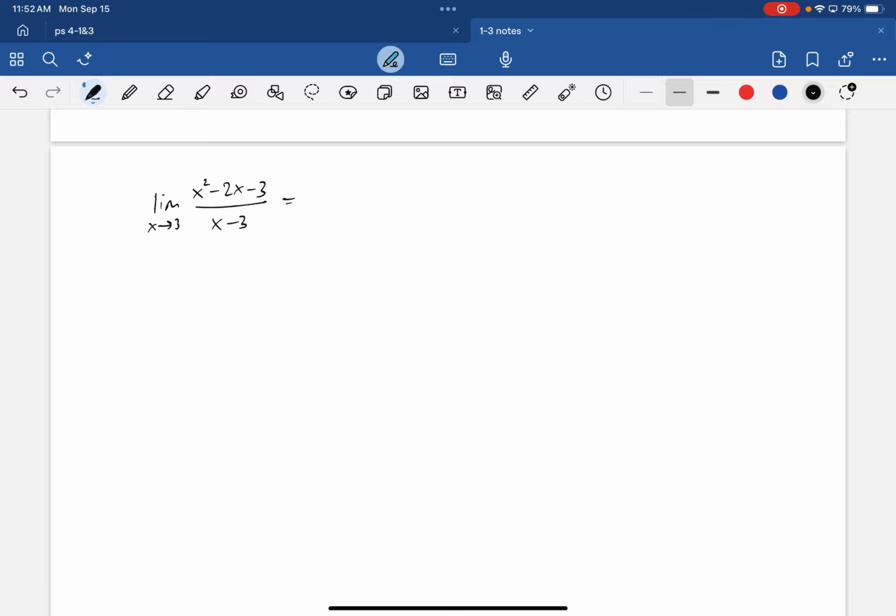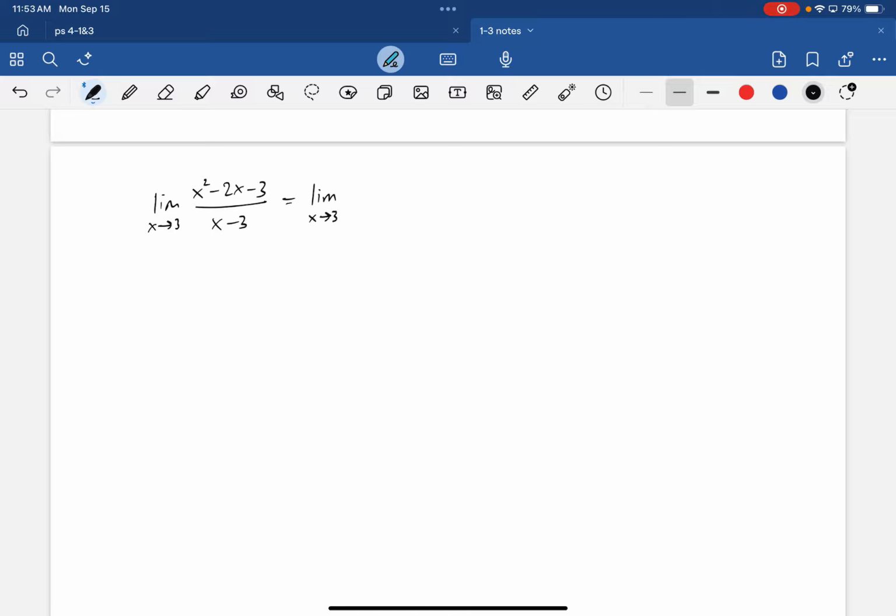Well, if I wanted to find the limit without graphing, the first step would actually be to factor the numerator, okay? So I need to keep this limit sign here, okay? Very important. Anybody want to factor the numerator? X minus 3, x plus 1.